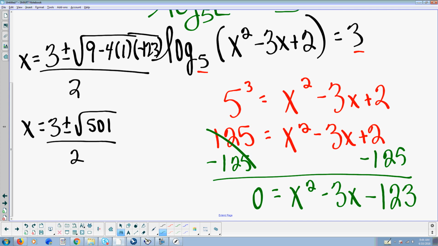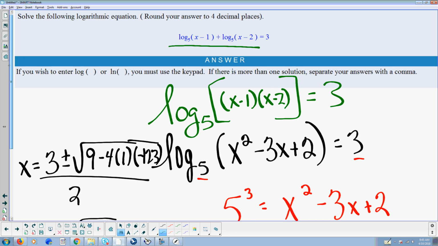So I'm going to do 3 plus the square root of 501 over 2. And I get, okay, 3 plus the square root of 501 over 2, which as a decimal is 12 point, how many places did it say to round to? 4.